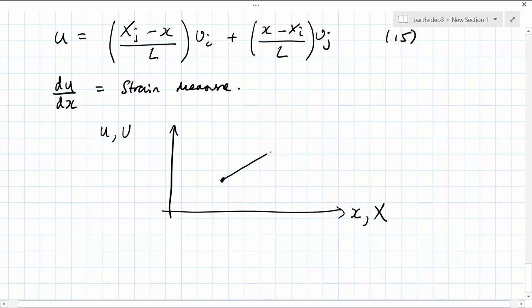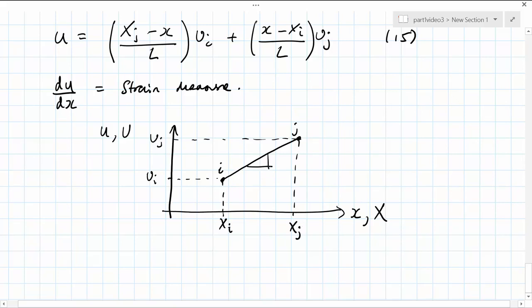If we now just draw one of our elements in a displaced configuration and mark out its coordinates, so the first set of nodal coordinates at node i is Ui and capital Xi, and at node j our coordinates are capital Uj and capital Xj.